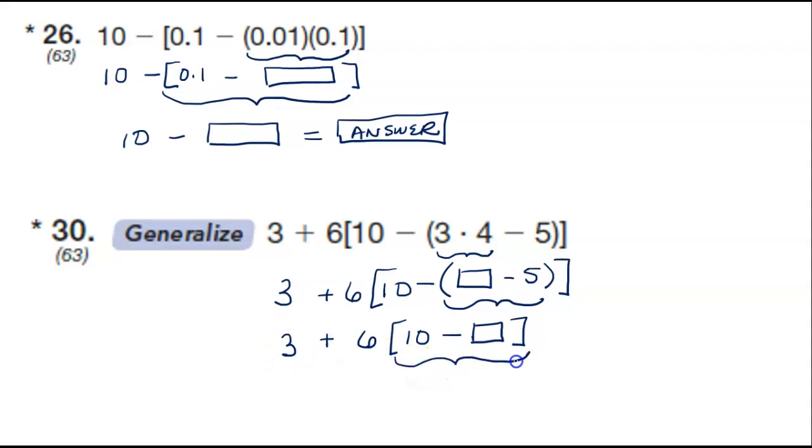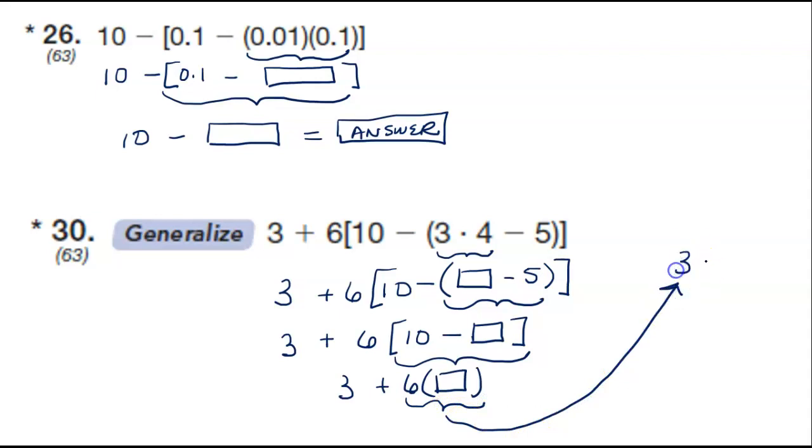And we have to do this part to get a number. Then we do this part. I'm going to pull this up here, and it's 3 plus some number that we get from 6 times a number. And then you get the answer, 3 plus whatever that is. And that's it. Let me know if you have any questions.